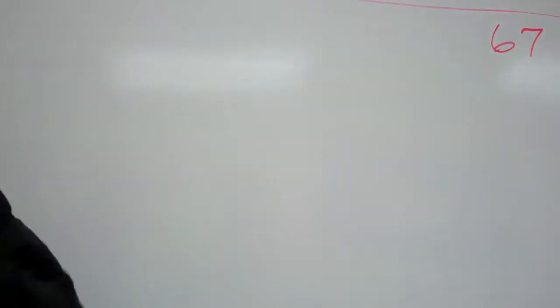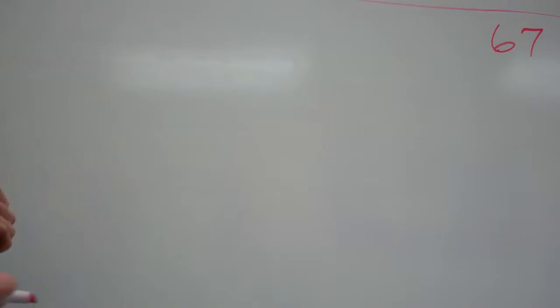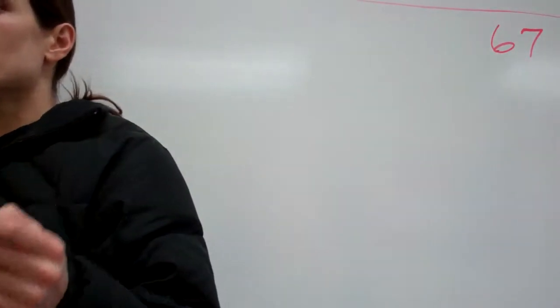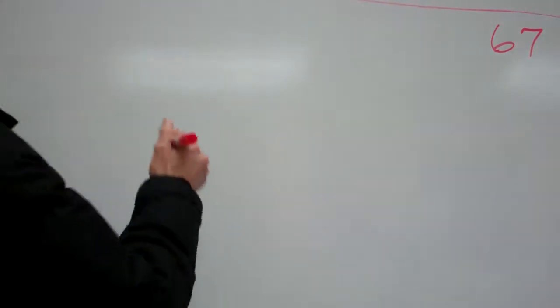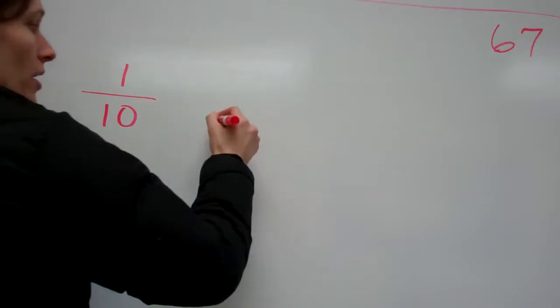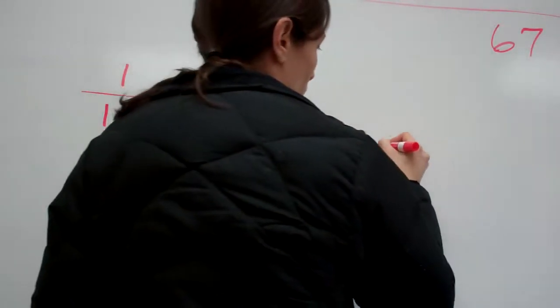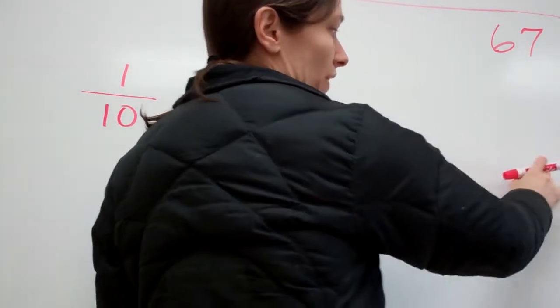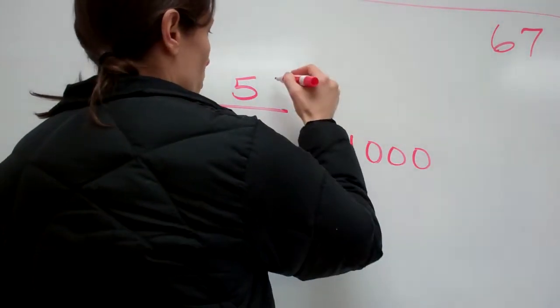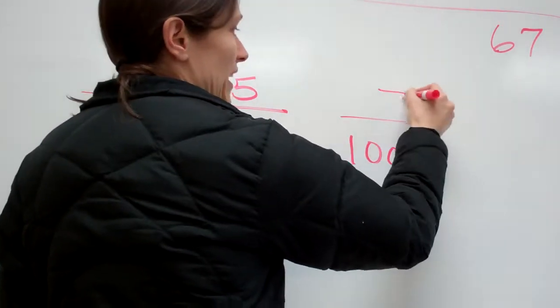All right. Now, we're going to learn how easy it is to write decimal numbers when you have a fraction that has a 10 on the bottom, a 100 on the bottom, or a 1,000 on the bottom, or even if it keeps going more and more. So it could be any number.